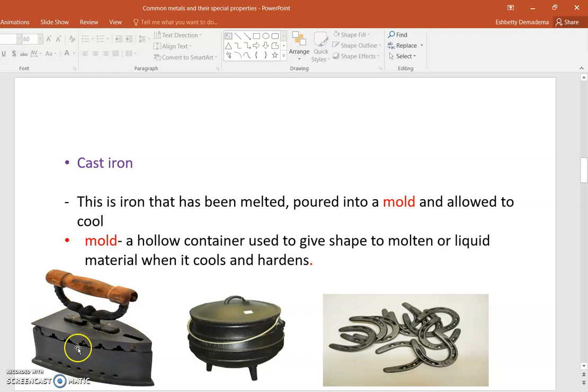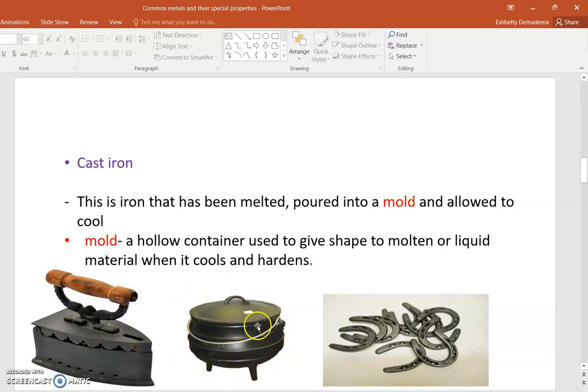So this cast iron here, the iron has been poured into a mold, and it has taken that shape. Okay, and then this one here, the same thing has been done. It's molten iron that has been poured into a mold and then left to cool.